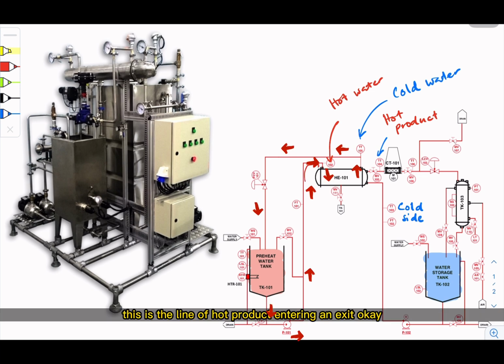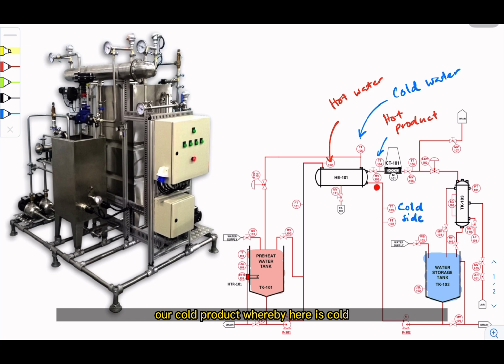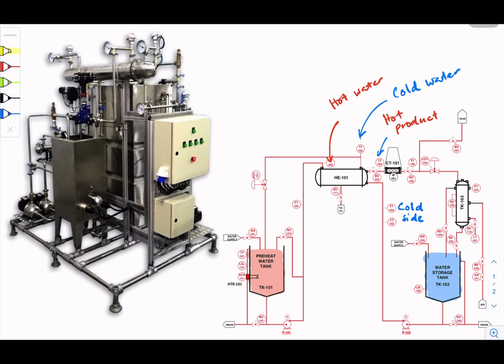This is the line of hot product entering and exiting. And this line is for our cool product, whereby here is cool and exiting with hot water as a hot product.